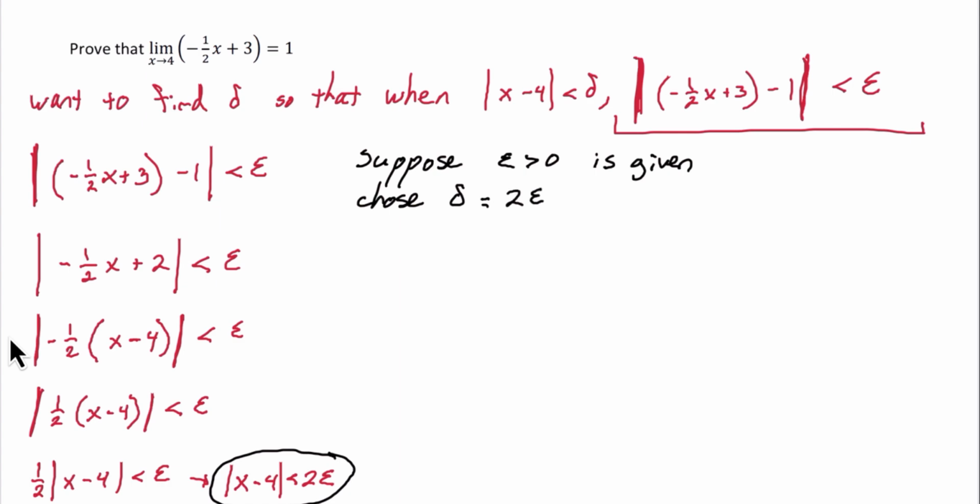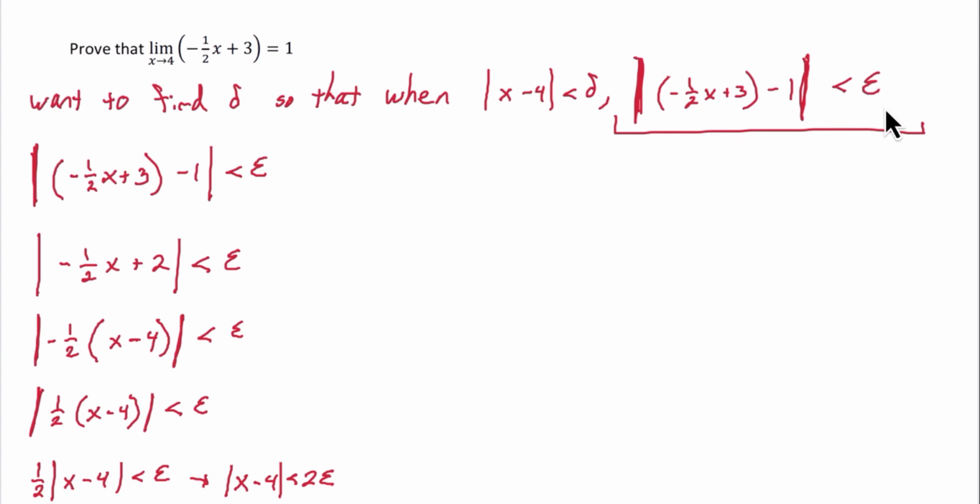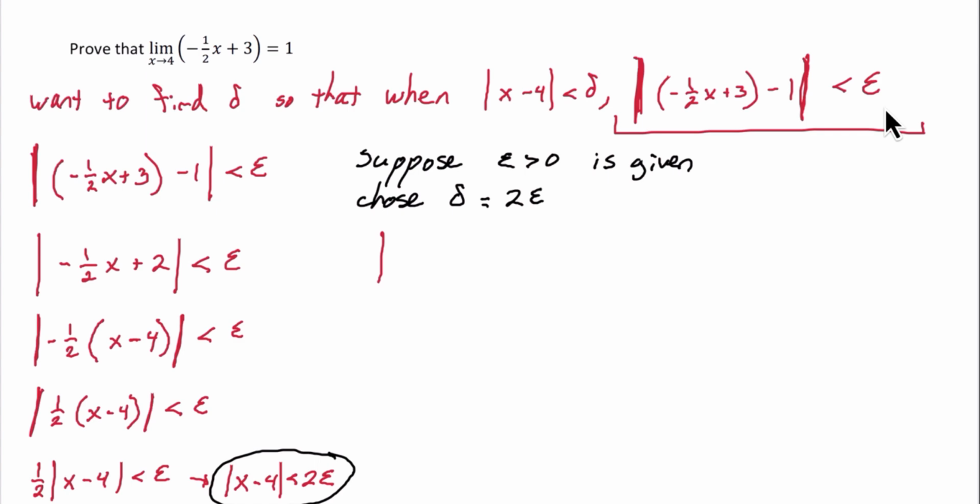And our goal now is to prove this piece. So we have absolute value of negative 1/2 x plus 3 minus 1. And let's simplify what we have. Negative 1/2 x plus 2.